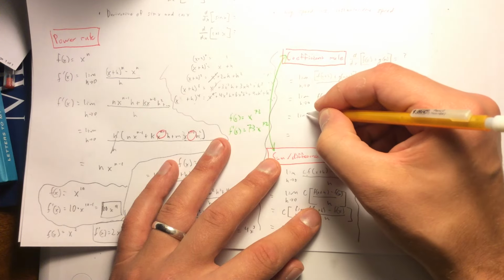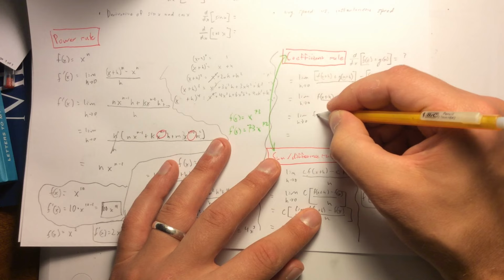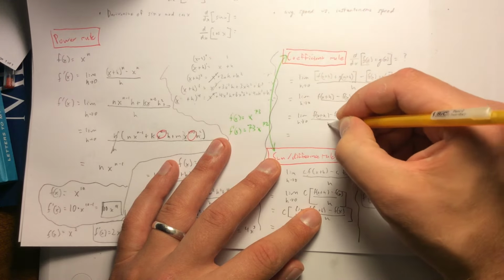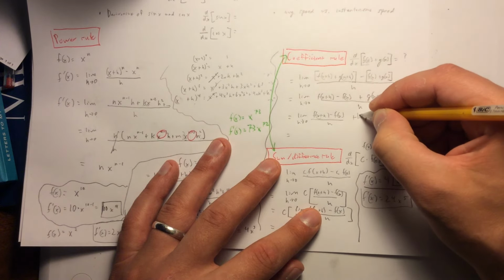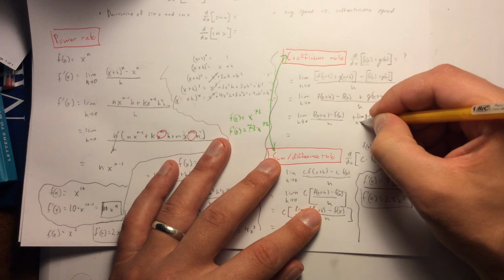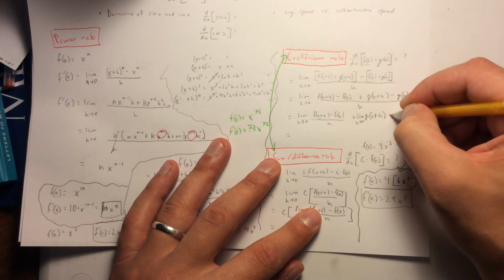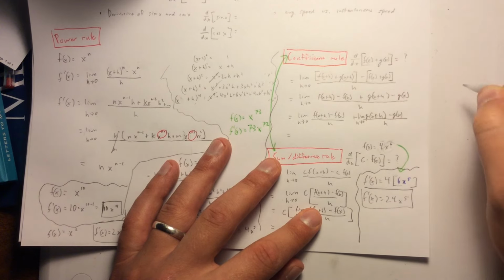Well, guess what? I'm going to rearrange it. f of x plus h minus f of x all over h, plus the limit as h approaches 0 of g of x plus h minus g of x all over h.